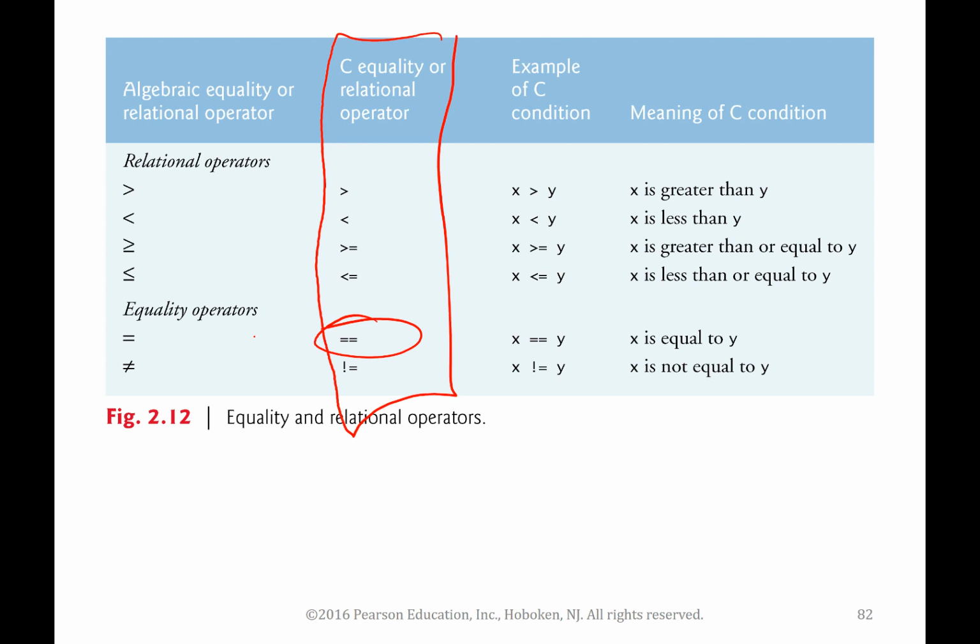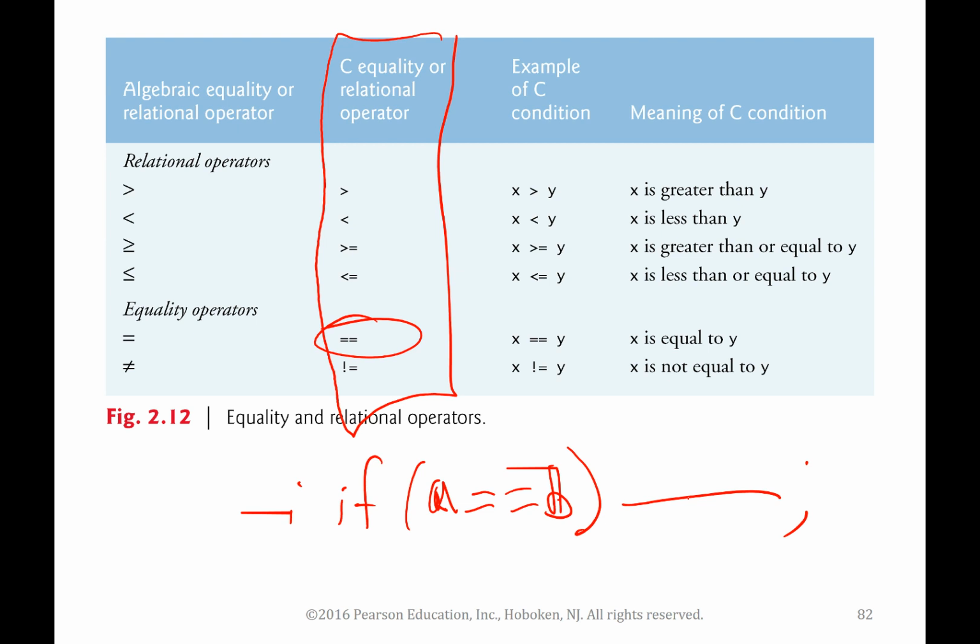We would write that as if A equal B, then do something right there. So there's an example of that.